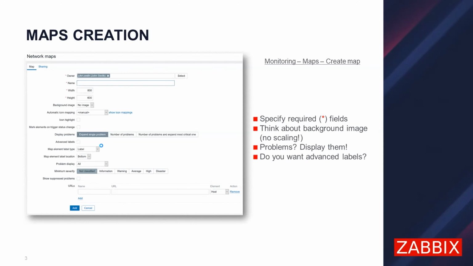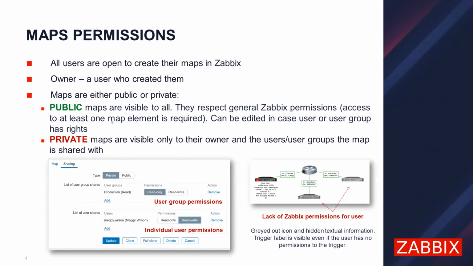After this, I want to speak about one topic which is very important, as I see, because the topic usually confuses people. These are map permissions. Zabbix enables all users to create their own maps. Usually an owner is the user who created them.